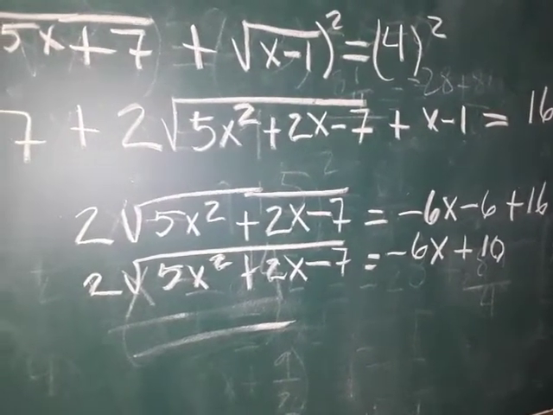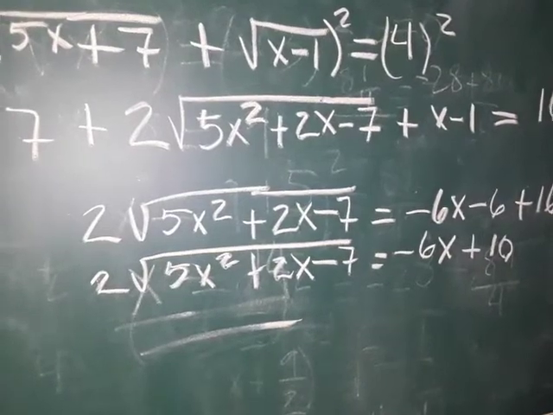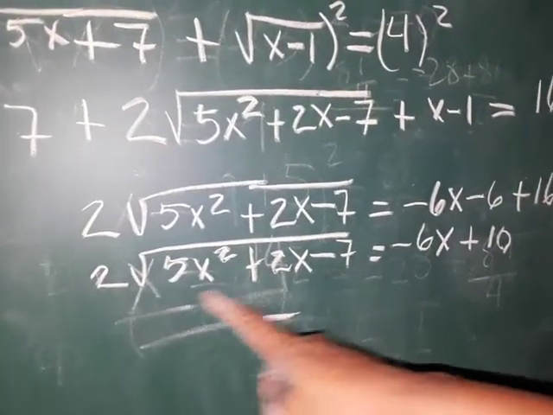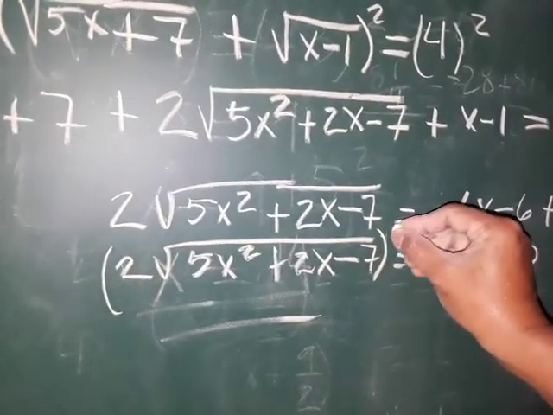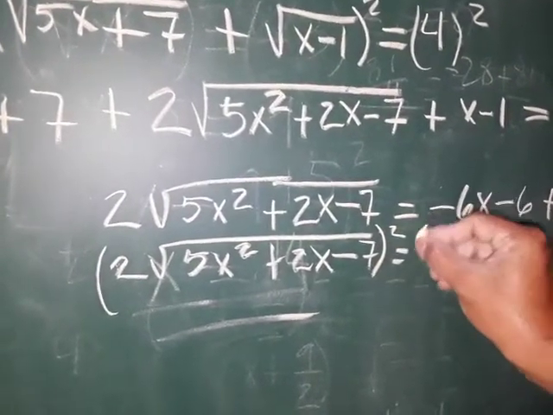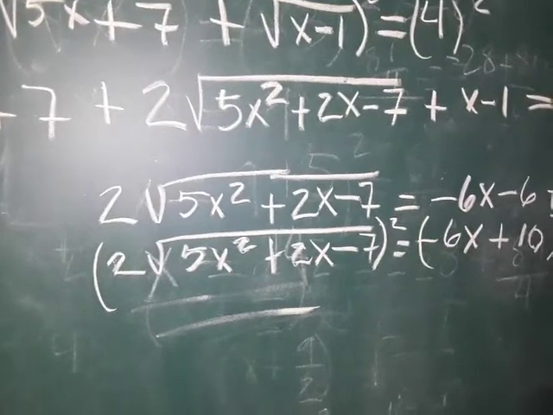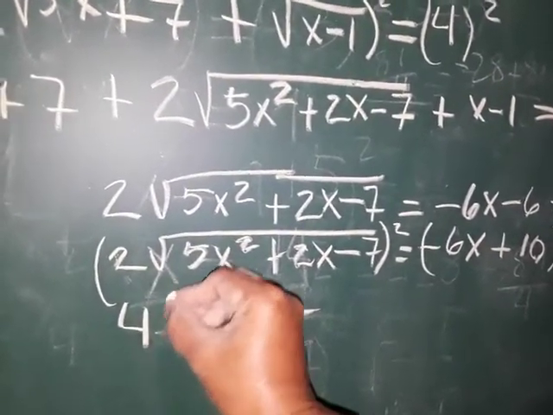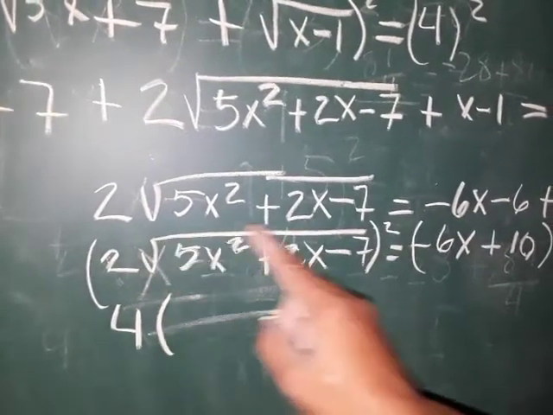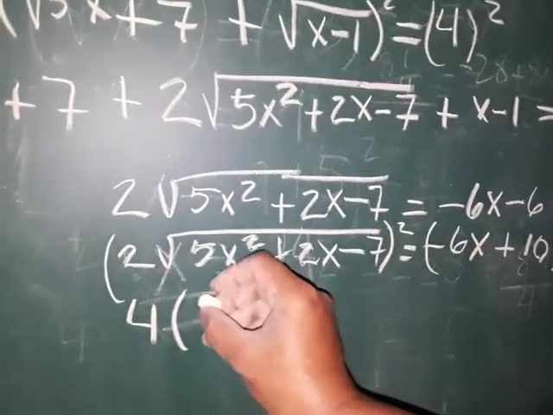What's next? Okay, so on this part now, we're going to square again this radical sign. So let's proceed to step number 1. Square. So this becomes 4. And then, of course, eliminate the radical sign since we squared it.